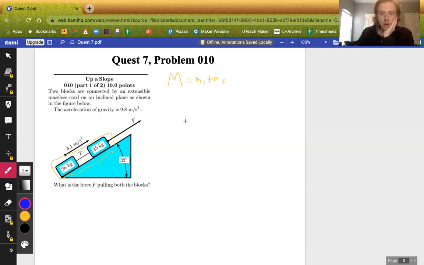We have our object, which is on an incline. We have our weight force, which points down, our force of gravity, equal to capital M times g. We have our normal force, which points perpendicular to the inclined plane.